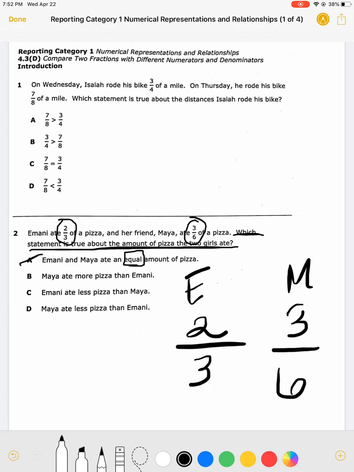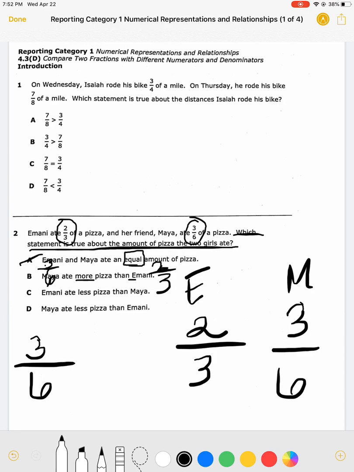Choice B. Maya ate more pizza than I. So this is saying that 3/6 is greater than, is more than 2/3. Let's take a look at this fraction 3/6.